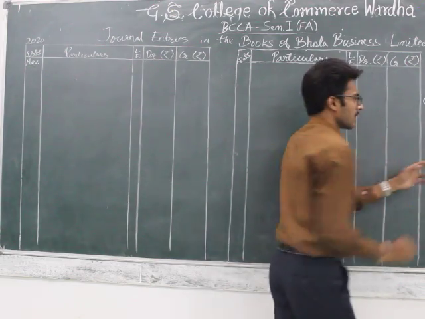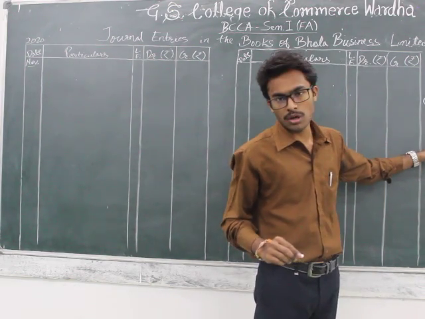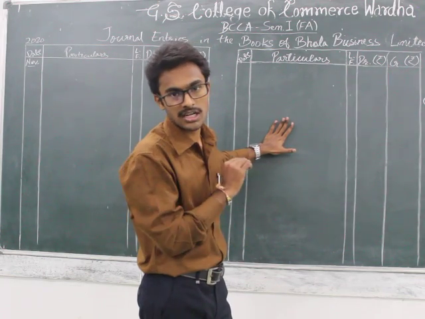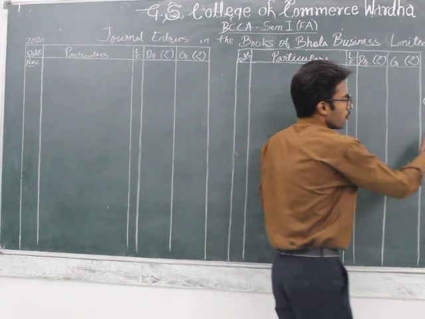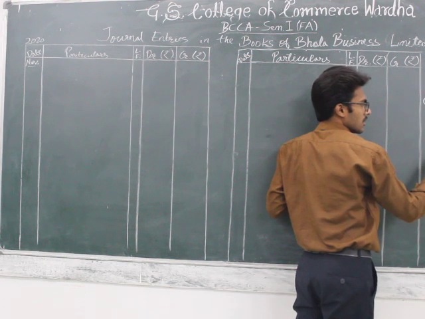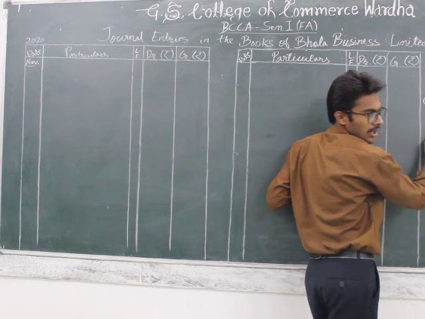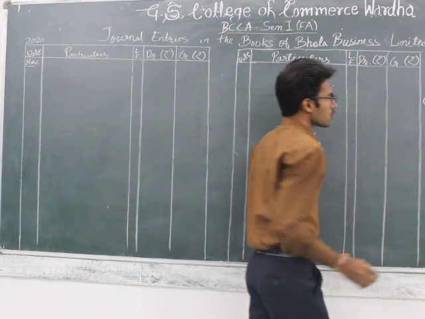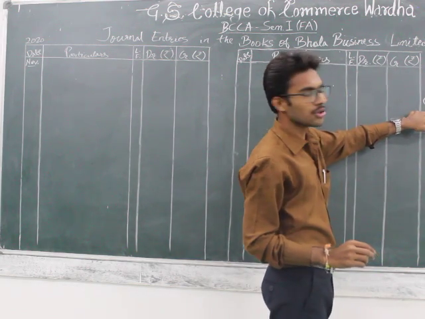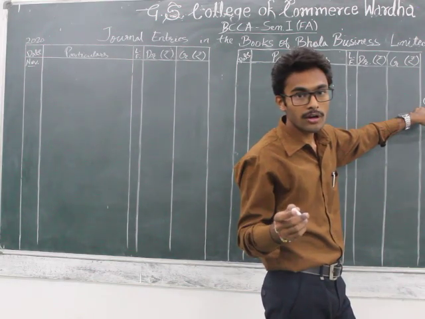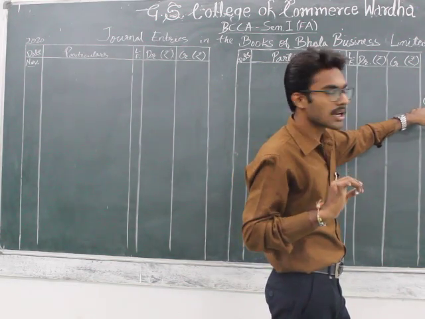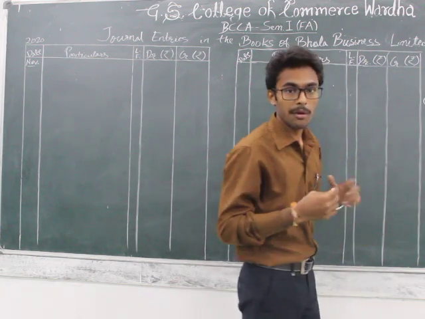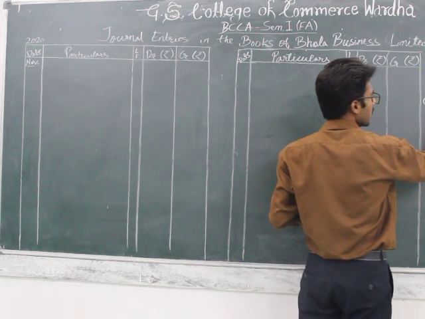We don't write Bhola's name in the business account. Instead of his name, we should use the account name capital account. So cash is coming in, and you can apply the rule of real account: debit what comes in, credit what goes out. Cash is coming in, that's why cash will be debited.